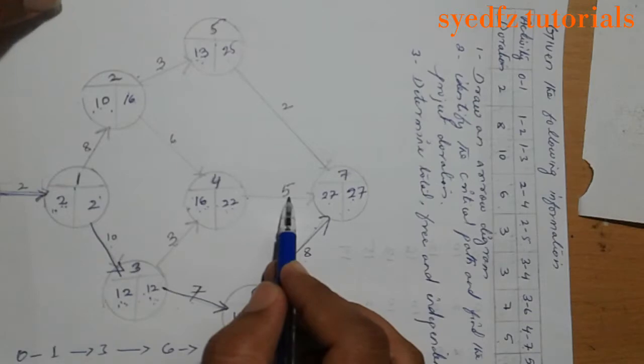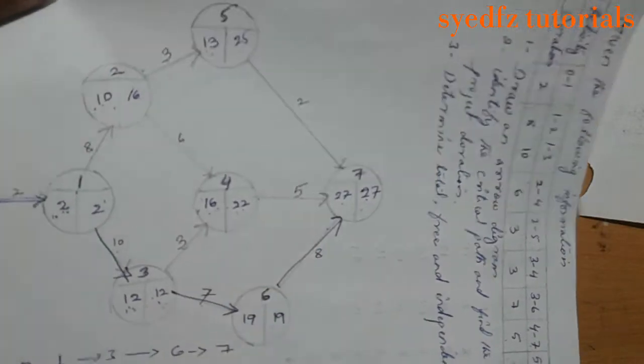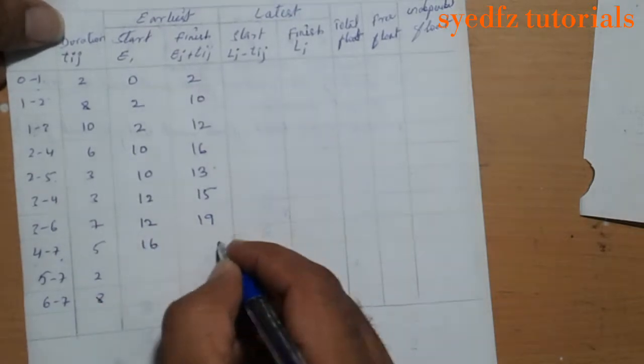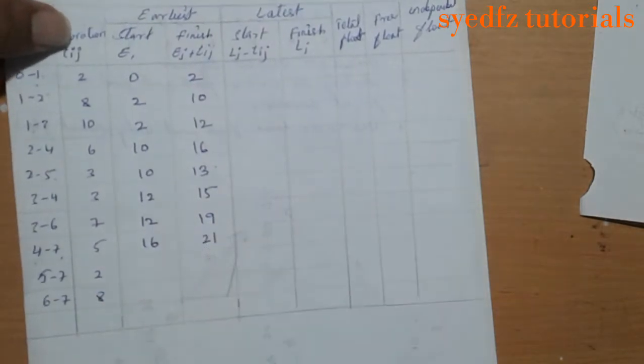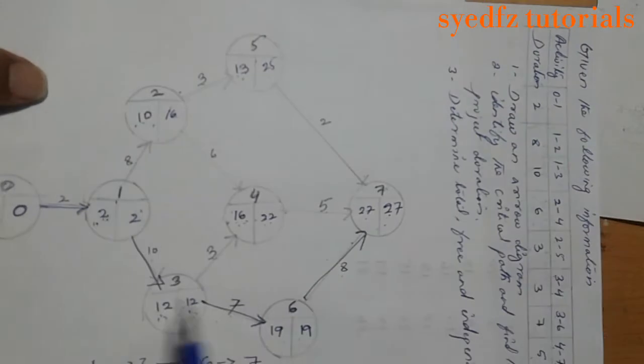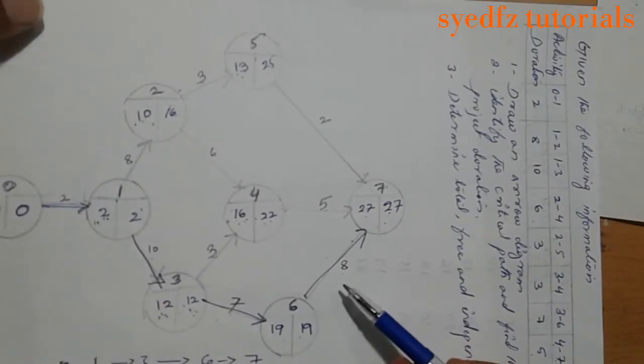So take like this, start on 16, adding it became 21 only. Don't take 27, take 21, because that 27 will come from these other arrows.